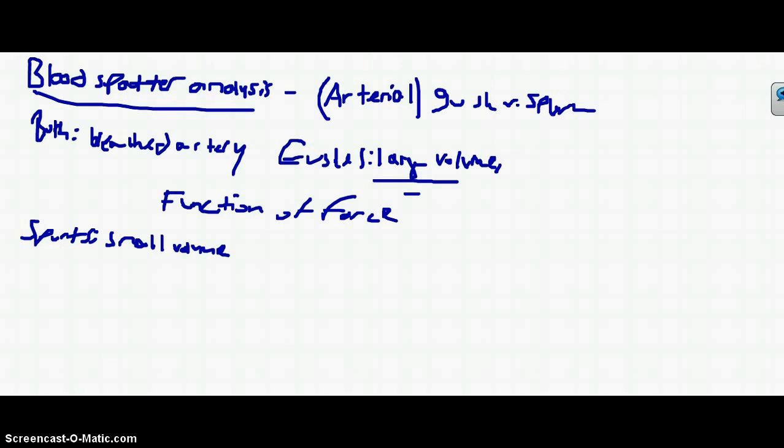And our family over here, we have to say what family this belongs to. We're looking at the family of bloodstains. And then we're looking at non-spatter.